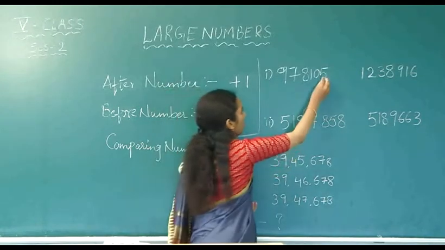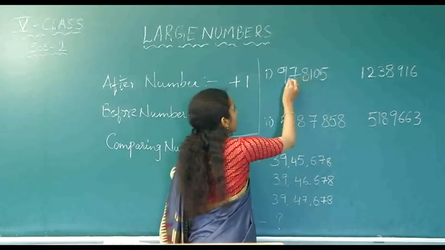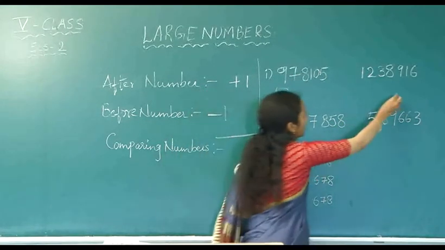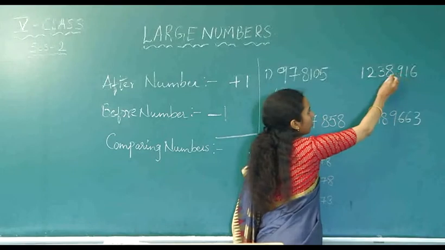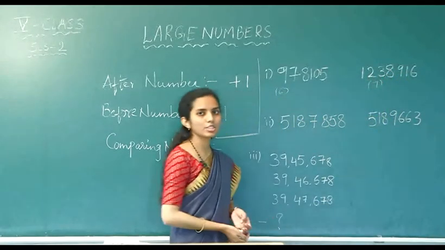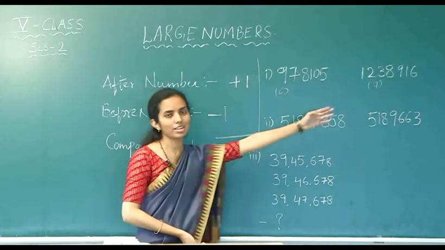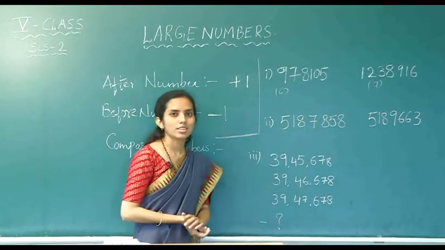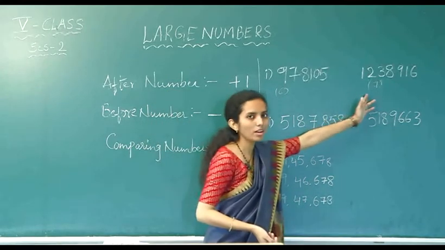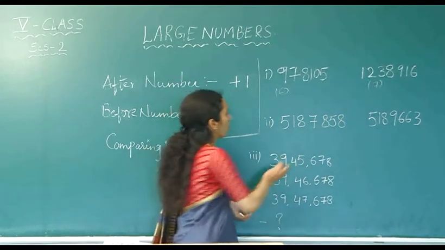Let us count 1, 2, 3, 4, 5, 6. So, there are 6 digits in this number and here 1, 2, 3, 4, 5, 6, 7. So, there are 7 digits in this number. This is in lakhs and that number is in ten lakhs. So, obviously which number will be the bigger number? This will be the bigger number. So, what do we have to write?